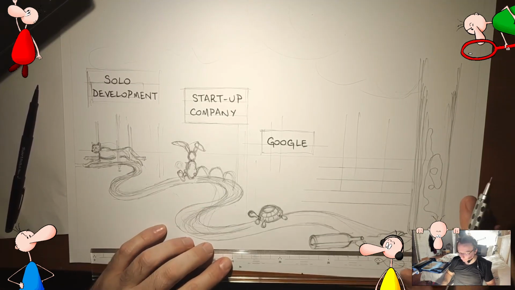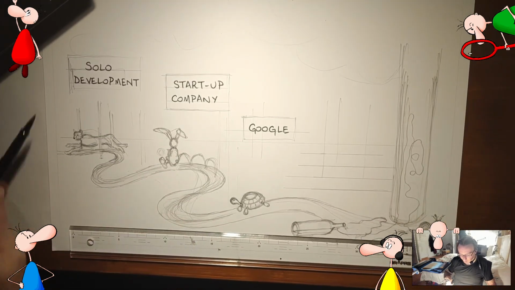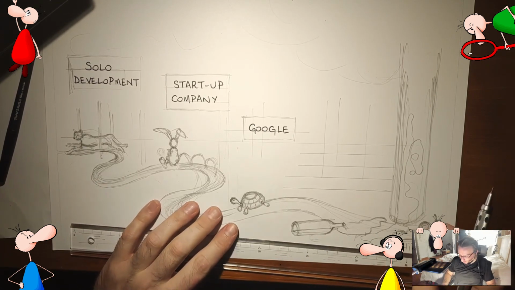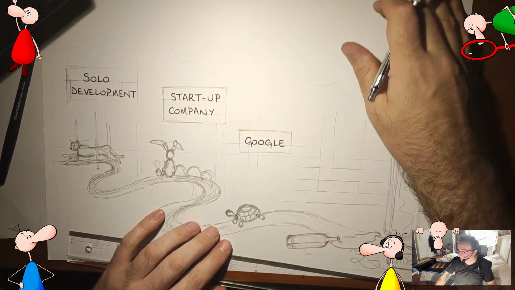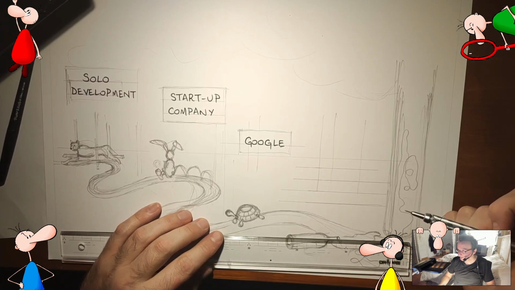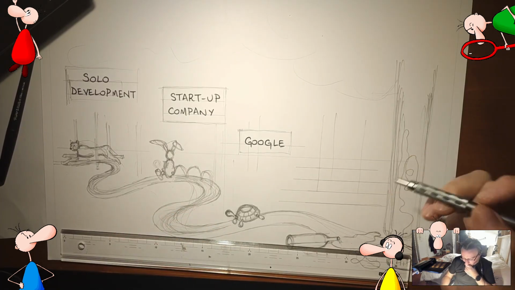Okay. I was in the middle of writing something. Maybe I should avoid saying the name of that company, the G company, because otherwise the assistant goes crazy and can't see my drawing anymore. All right.